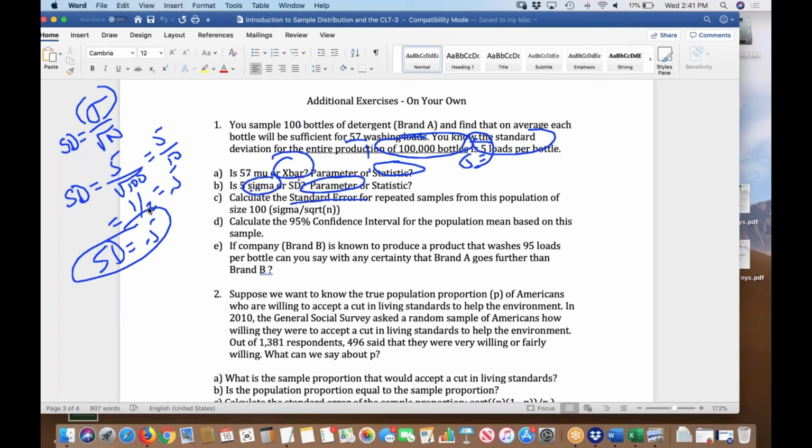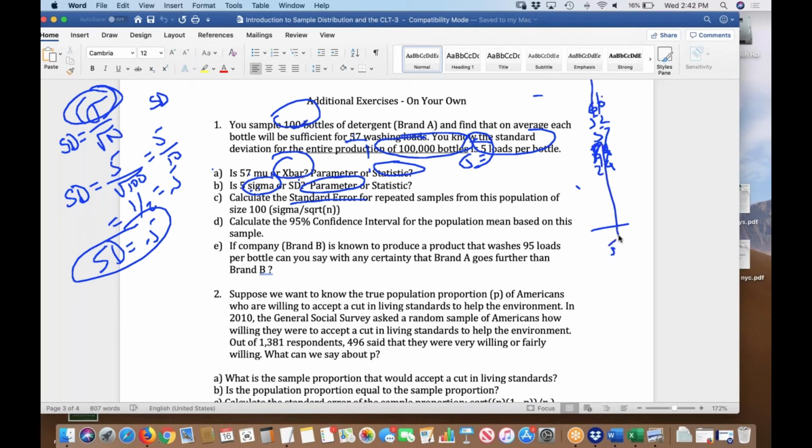In order to avoid confusing it with the standard deviation of the actual population, in this case sigma, or the standard deviation of a single sample, in other words, the standard deviation of these 100 bottles, if I have 100 numbers here, like 60, 52 loads of bottles they use, 57, 58, 79, 22, and I took the average, in this case it came out to 57.